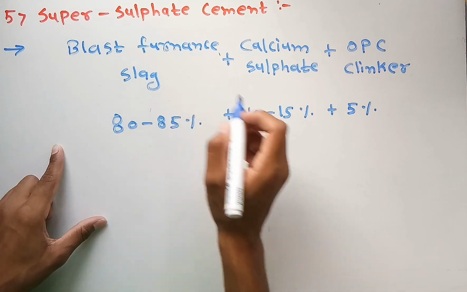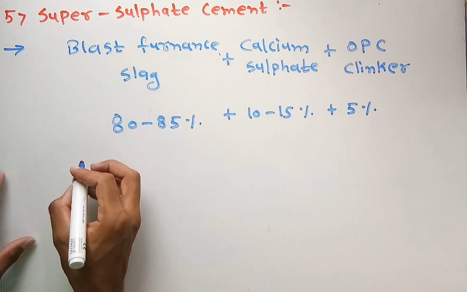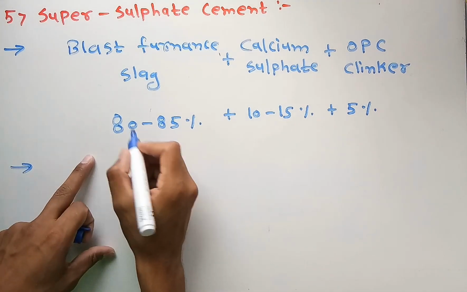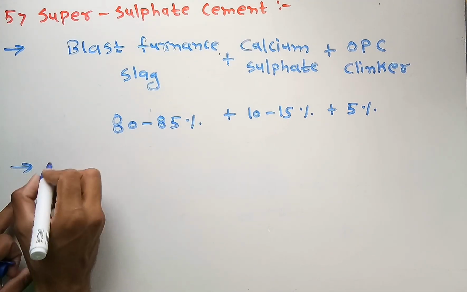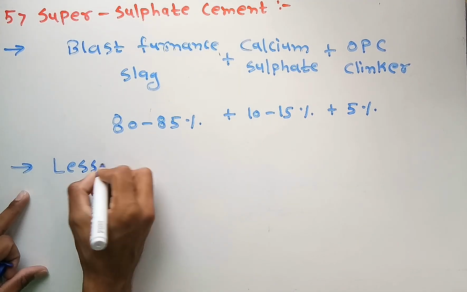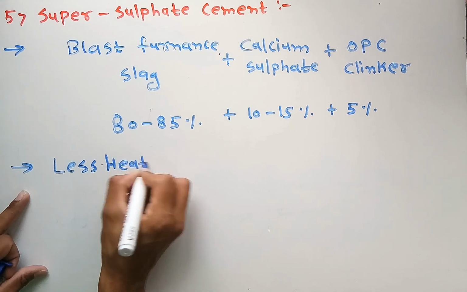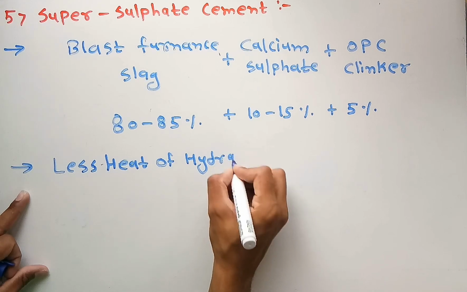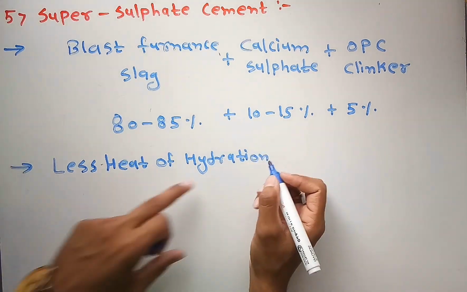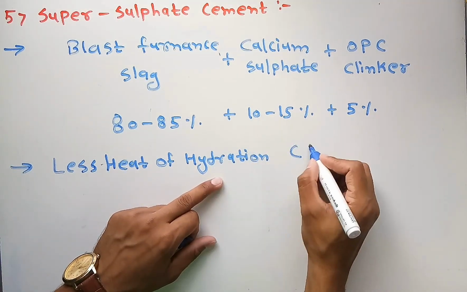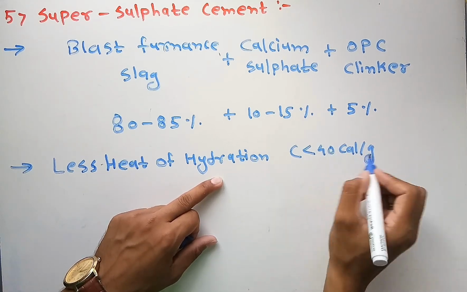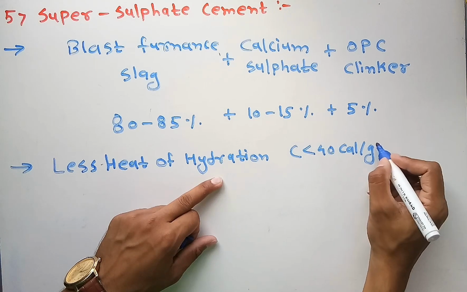Now we will see some properties of the super sulphate cement. It delivers less heat of hydration, and in exact numerical terms, the heat of hydration liberated is less than 40 calories per gram.